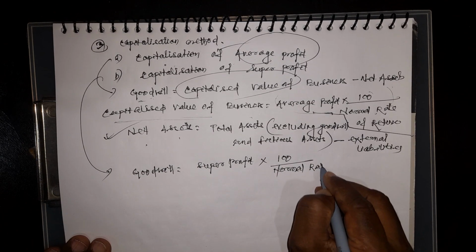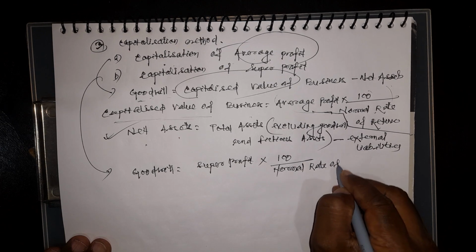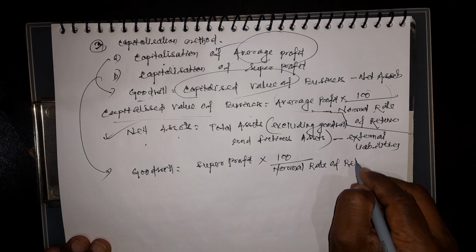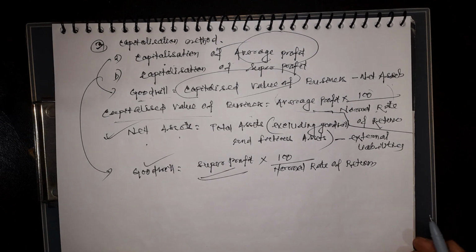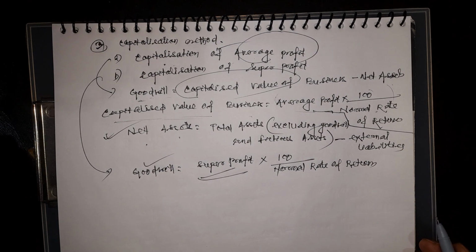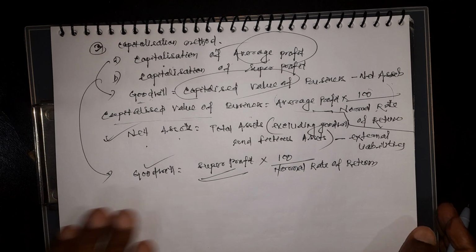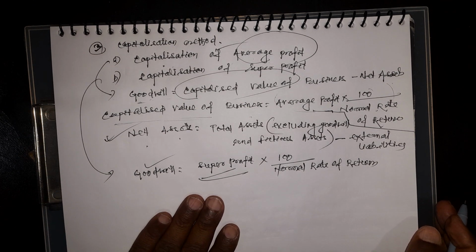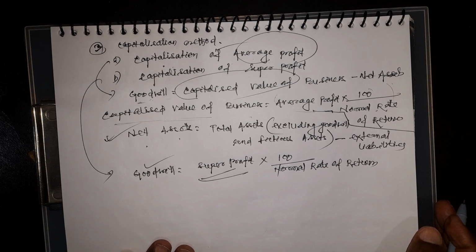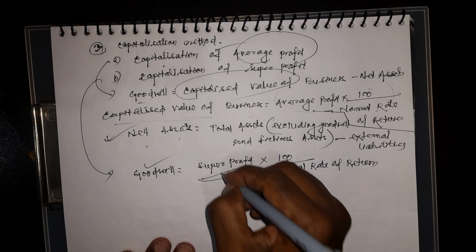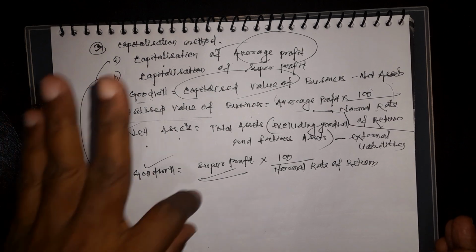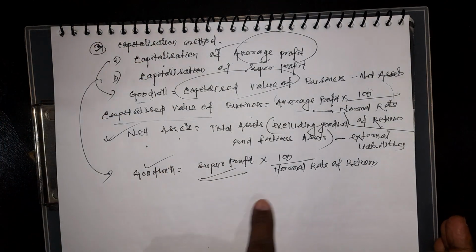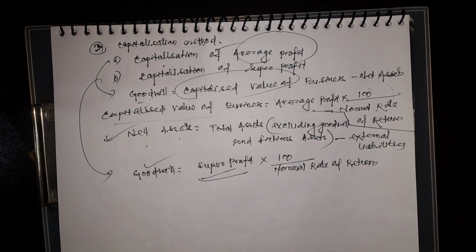Clear? So how will you calculate the super profit? Whenever I explained the super profit method, I explained how to calculate the super profit and what the steps are. The same process you will follow here. After calculating the super profit, you will write the formula, so you will get the goodwill.